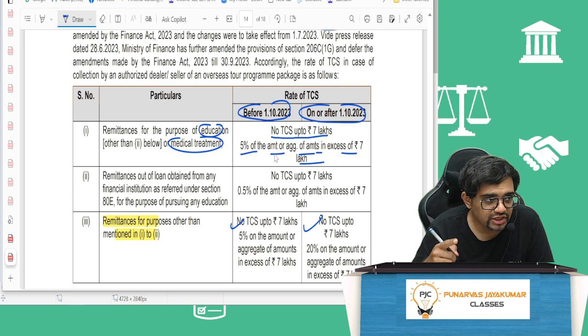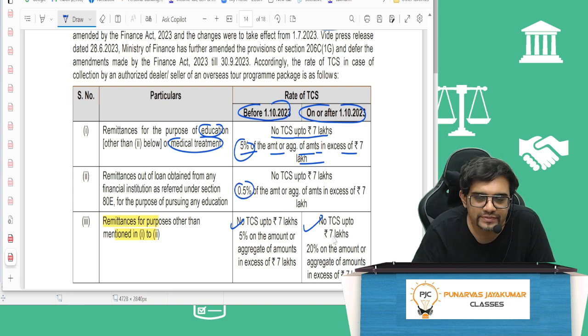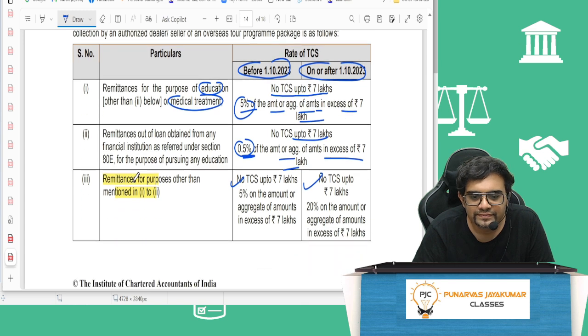But if for that education you have taken a loan, no. For a loan, you are already paying interest. So if you had to pay 5% TCS, it would be a burden. That's why they have reduced it to 0.5%. Up to 7 lakh, no TCS, and 0.5% of the amount in excess of 7 lakh.